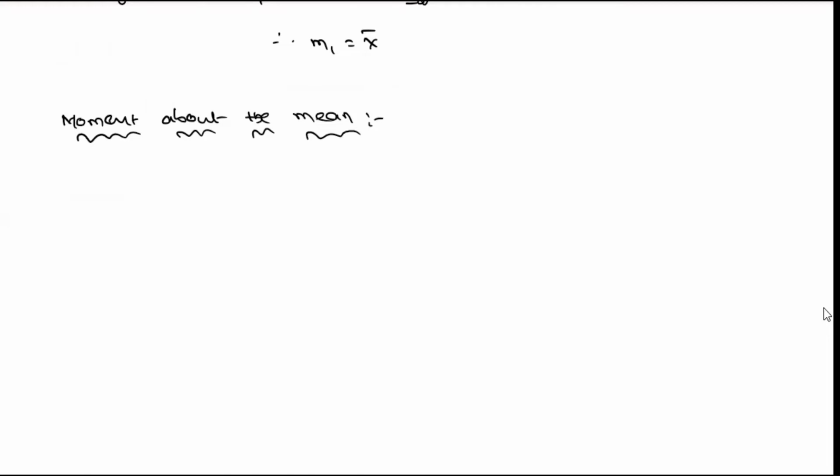For this, the function is taken as x minus x bar whole to the power of n, for different values of n, and mu n is the expected value of it. The moment about the mean is always represented by mu n. The moment about the mean is also called the central moment.